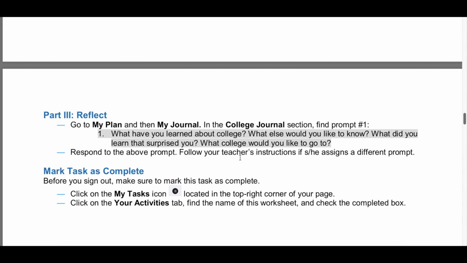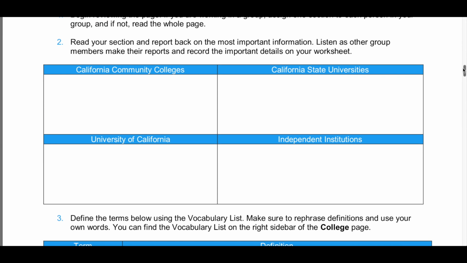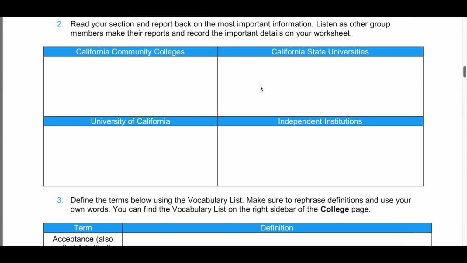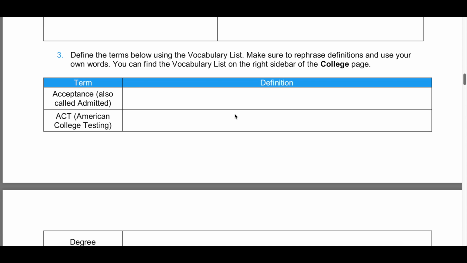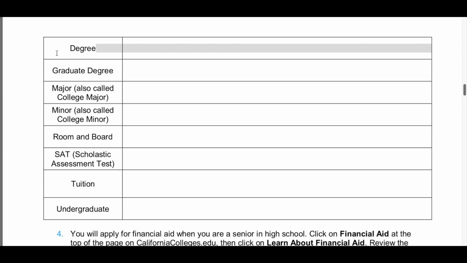So just a recap: 4 different groups. California community college, CSU, UC, and vocational. If you want to split up your class into 4 different groups, or however you like to do it, that allows you some instructional control. Add in these 4 terms: acceptance or admitted, degree, major, and tuition.